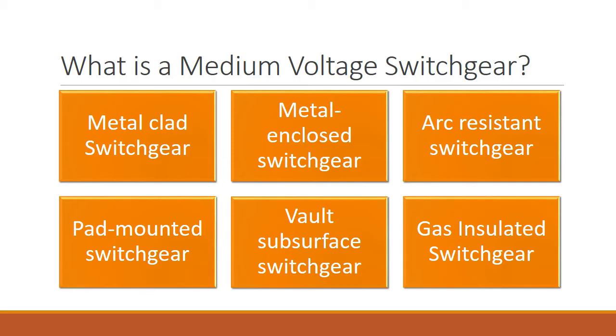Metal-clad switchgear has rated voltage ranging from 5 to 38 kilovolts. Metal-clad switchgear is commonly used in industrial facilities as well as electrical power generating and transmission facilities because it has draw-out circuit breakers for easier maintenance.